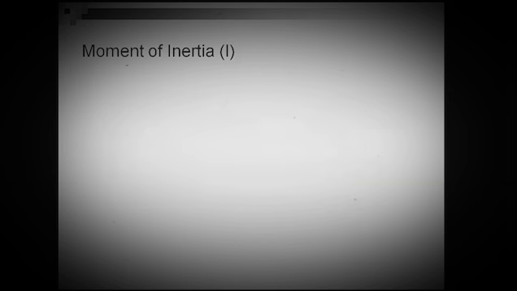So now if I'm looking at this rectangular shape and I would like to take the moment of inertia about this object, let's say I am going to divide this object into two segments.